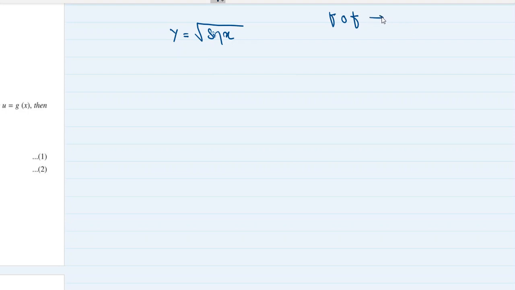Whenever you have a function of a function, that's a composite function, you cannot apply the product rule. You have to apply the chain rule. How does the chain rule work? First of all, you have to identify both the functions. The outer function is the square root, and inside the square root there is not just x, there is sine x. So the inner function is sine x. This is the outer function, this is the inner function.